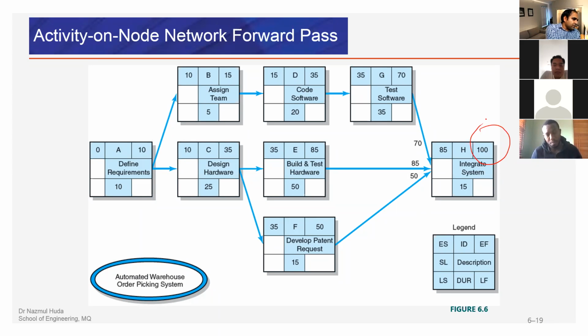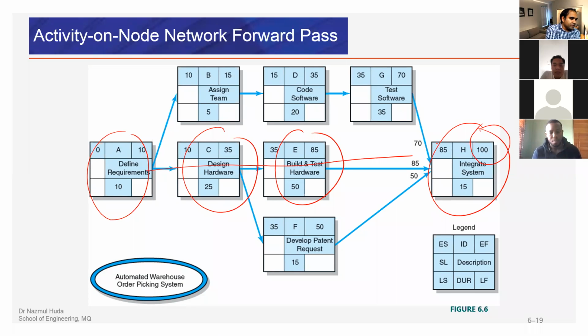The longest path from here, starting from A, C, E, H, is the critical path. Within the network diagram, we have three paths, and out of these three, this one is the most critical.